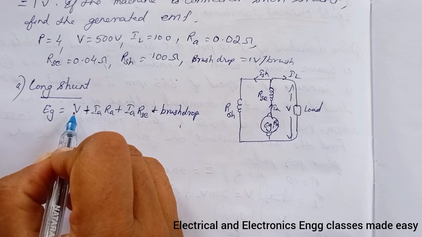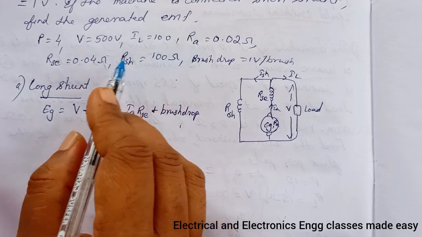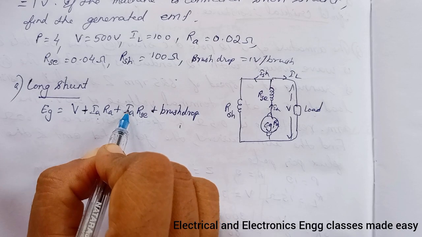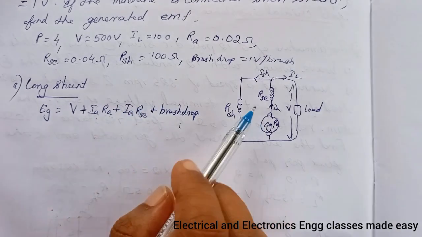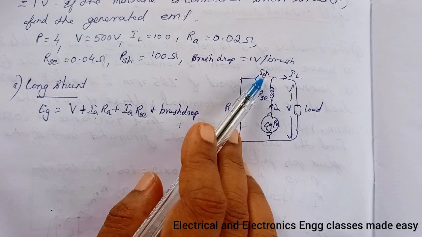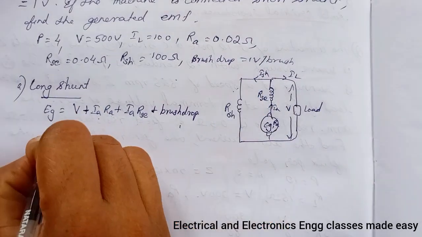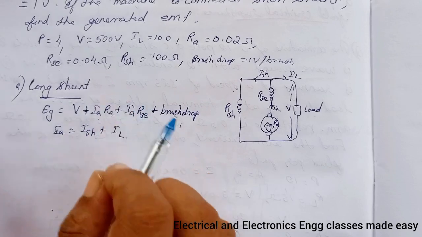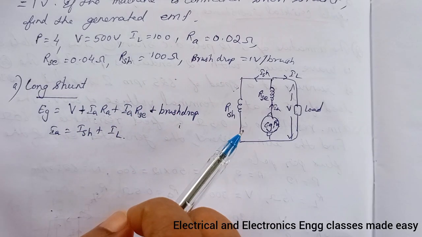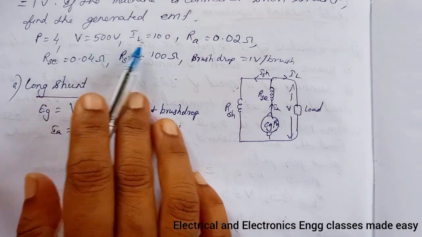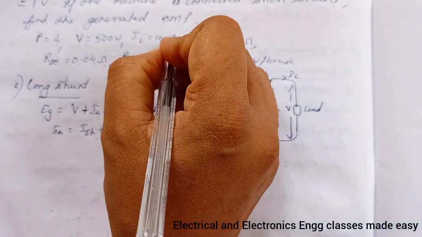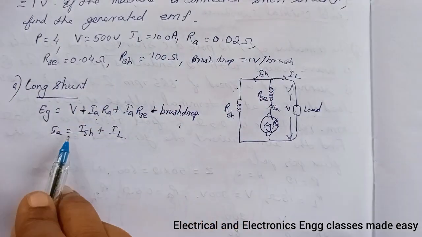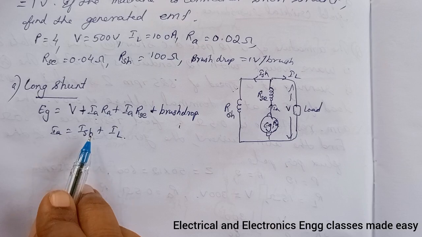and here we know V, RA is given, RSC is given, so we have to find IA. IA is equal to ISH plus IL, and here IL is given as 100 ampere, and ISH we have to find.